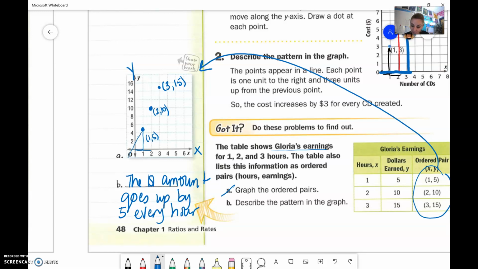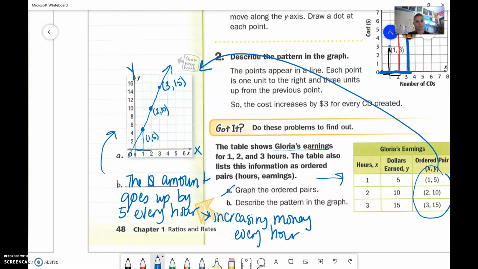The graph is moving up, right? She's not decreasing, she's actually increasing. So you could also write increasing money every hour. You're just going to describe what you see, either using the table or what we're seeing in the graph and how it correlates.